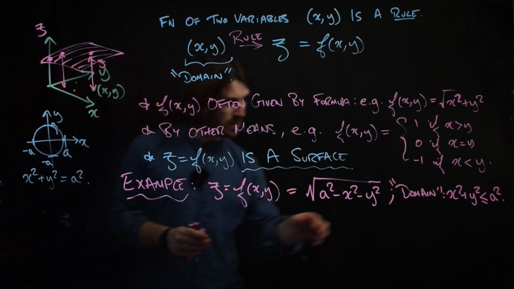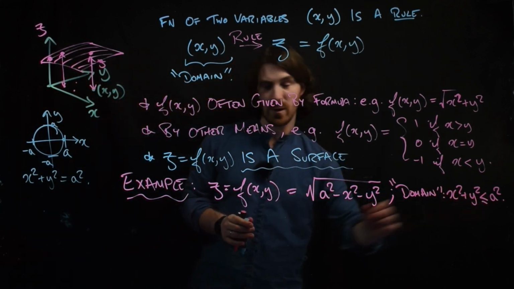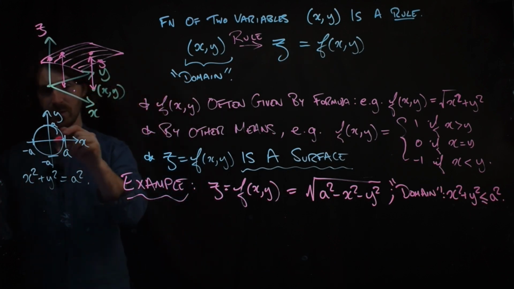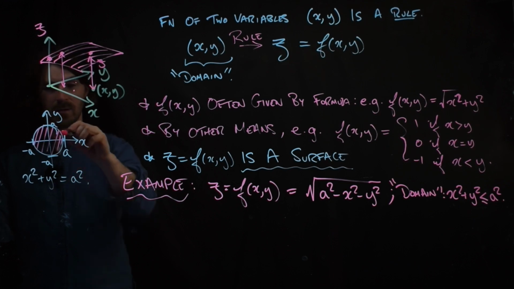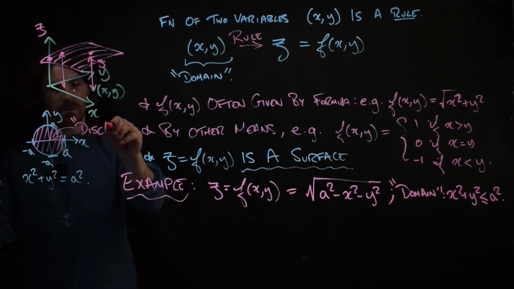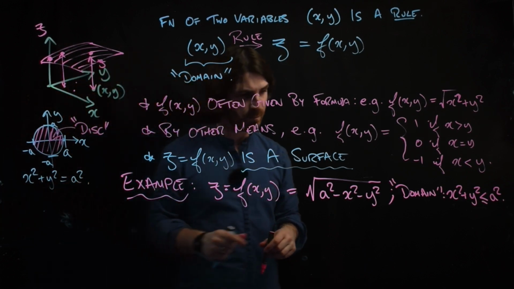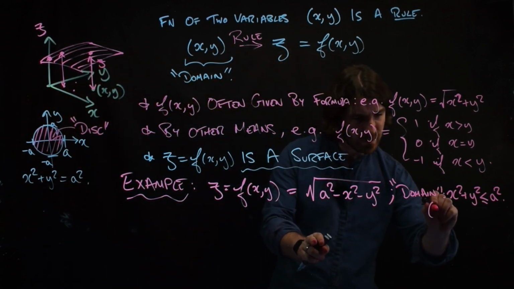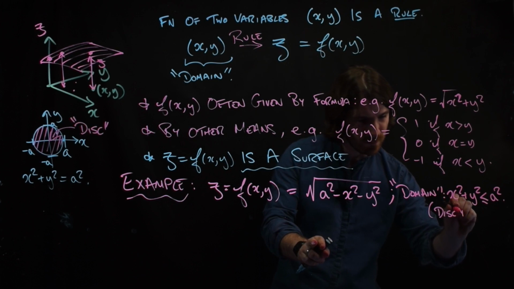So what we're saying is the domain is all the values of x and y that lie within this circle, so all these points. This is a disk of radius a. That's what we mean by a disk.